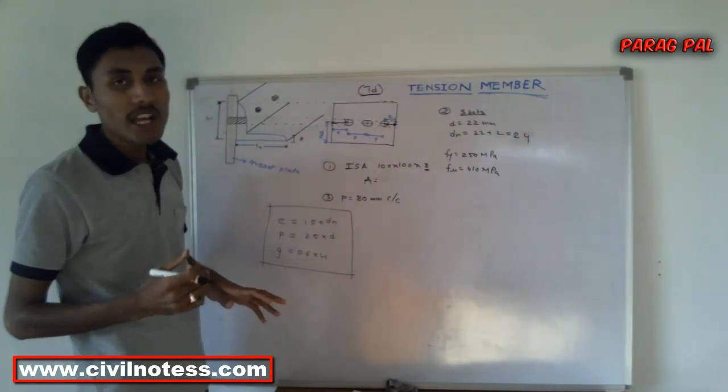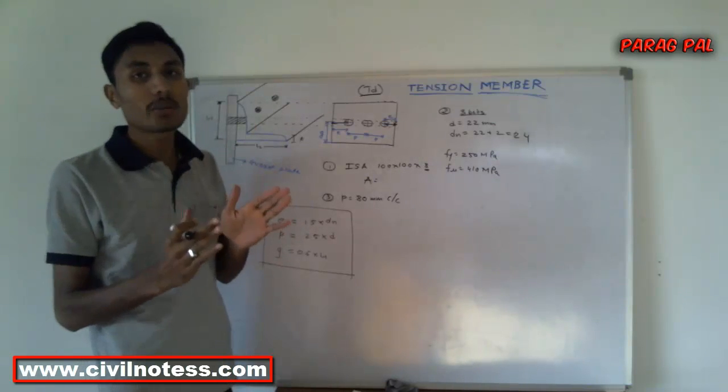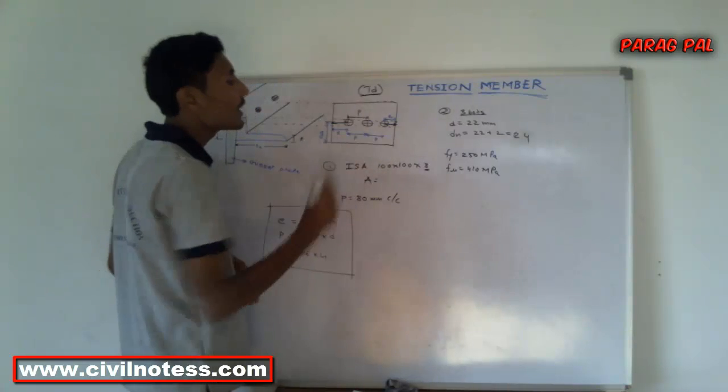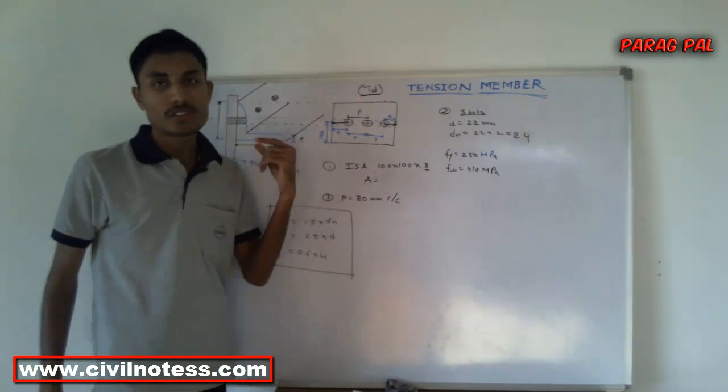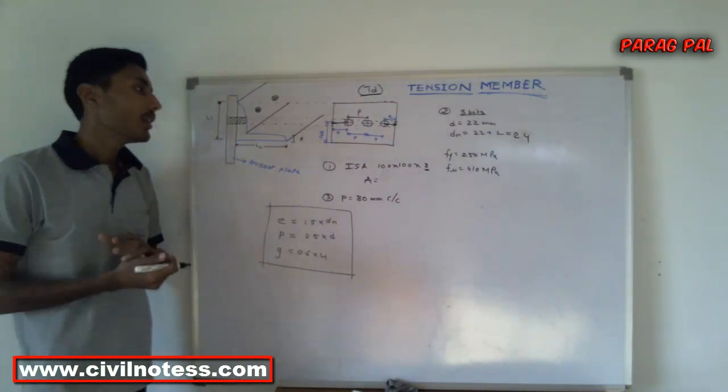The pitch distance means the center to center distance between the intermediate bolts. Here two pitch distances are given to you. Okay, so this is the basic terminology of steel structures.